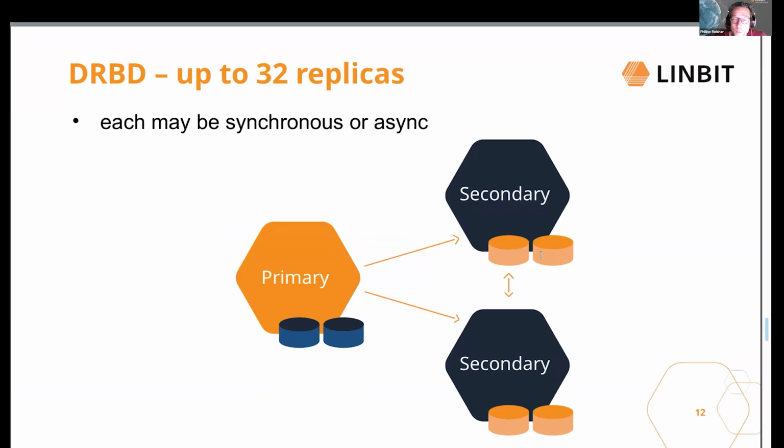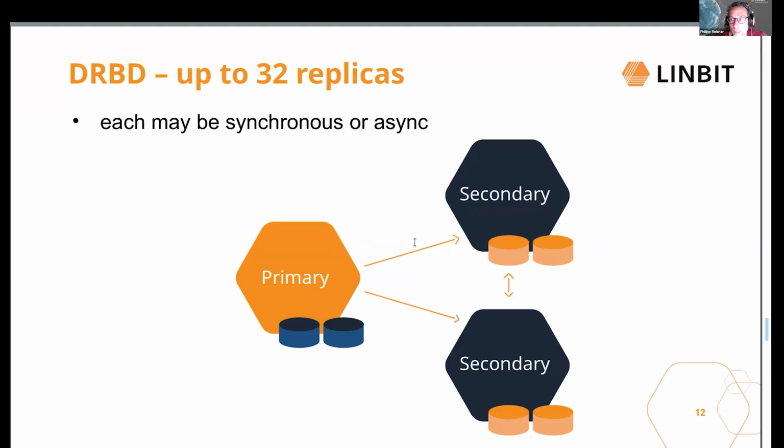As we already saw in the demo, it can do two replicas or three or more. The upper limit is 32, but nobody needs that. Each of the replication links can be synchronous or asynchronous. You can switch that at runtime.